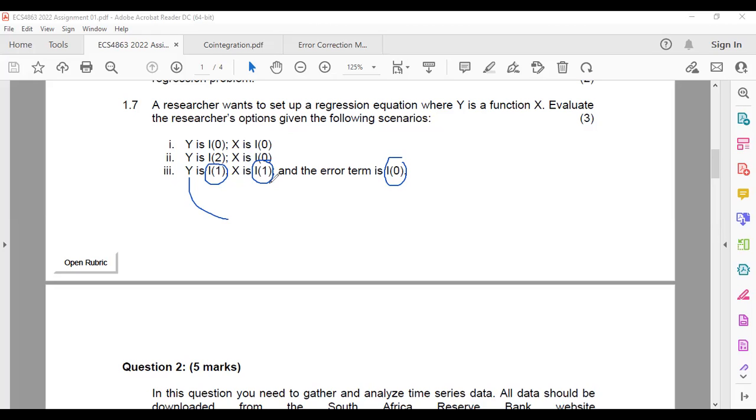In other words, it is non-stationary in levels, and stationary after differencing once. Then the error term is stationary in levels. If you run a regression of y on x, the residuals that you get will be I0.